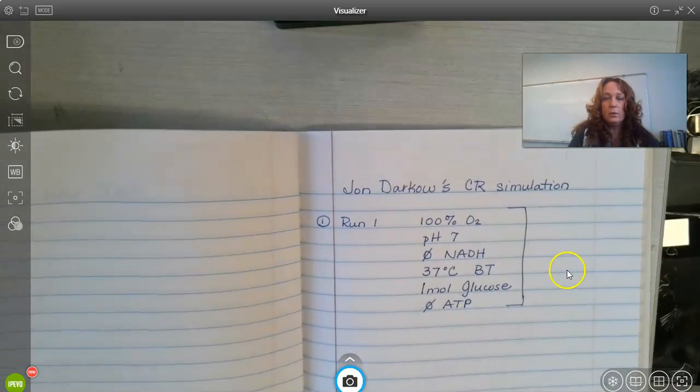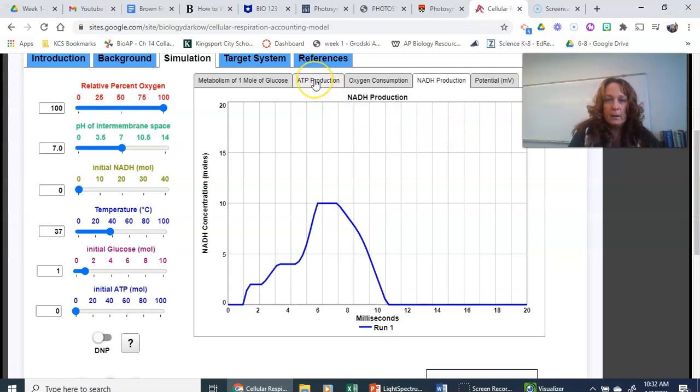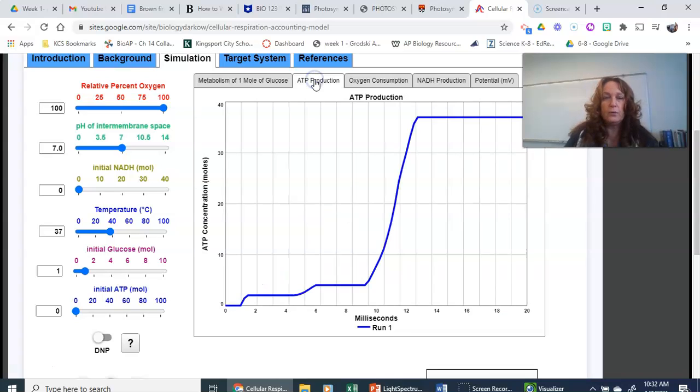Okay, so what we saw was, I've got the clicks up at the top. I'm going to focus on ATP being made, oxygen being consumed, and NADH electron being made. So for ATP, I'm going to come over here.